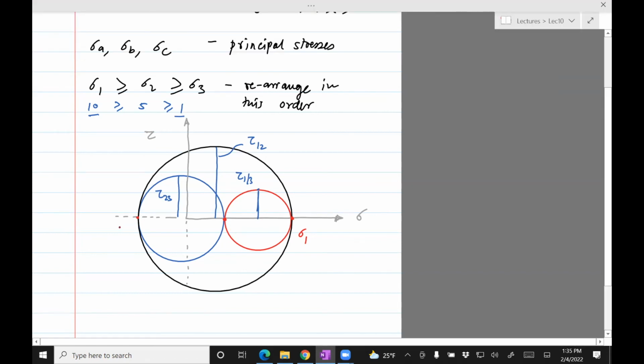It has to be that this is sigma 3. It has to be giving you the biggest circle, just because the radius is sigma. So the R max should be sigma 1 minus sigma 3 divided by 2, right? So that would be the biggest one. So it should be 10 and 1. Sigma 3 has to be there. Otherwise, that calculation won't make sense. This should be sigma 2. And then this should also be renumbered.